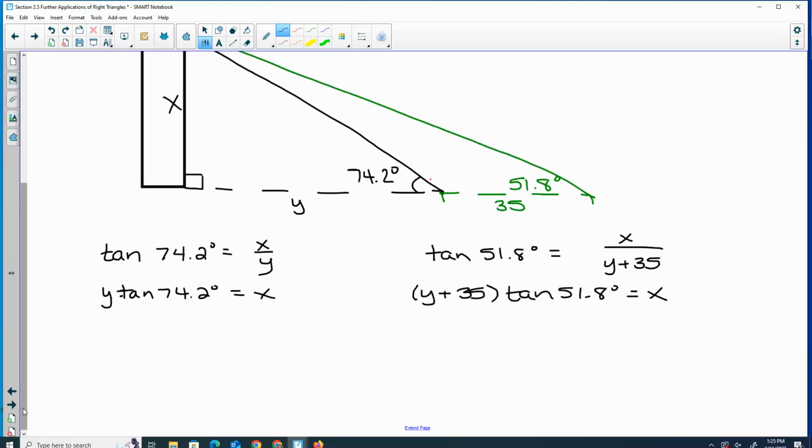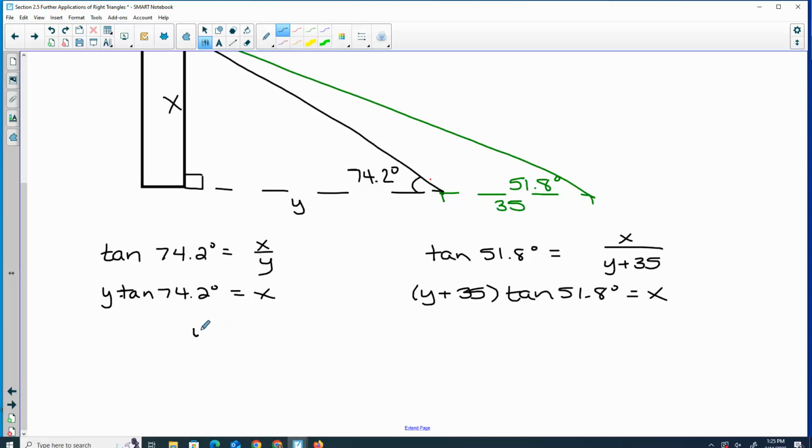Alright, so even if I take my two separate triangles and set up my trig functions, I'm not able to actually solve it all the way. But that actually is not a problem, because what could we do now? These things are both equal to x, then they have to be equal to one another.